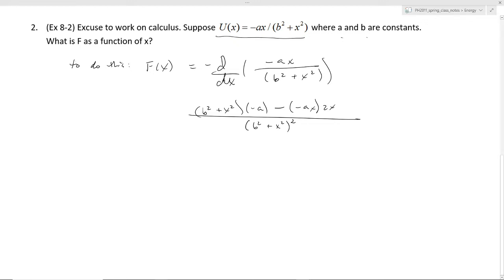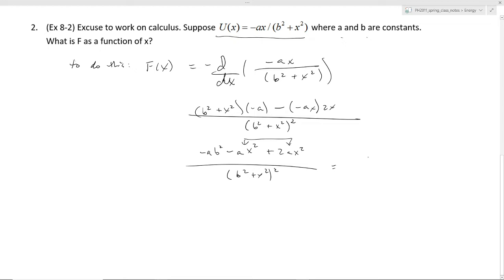And then we can recognize this simplifies a little bit. If we distribute our pieces here, we would have a negative ab squared, a negative ax squared, and then a positive 2ax squared, all over that denominator squared. And these two pieces can be combined.